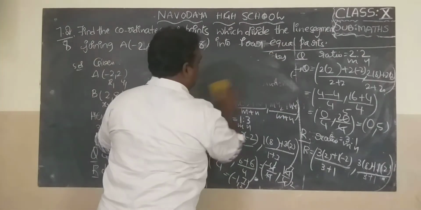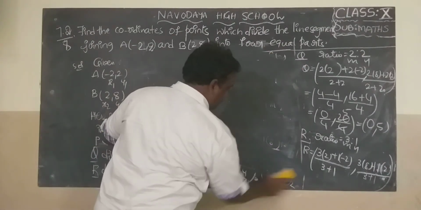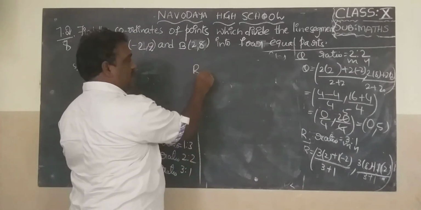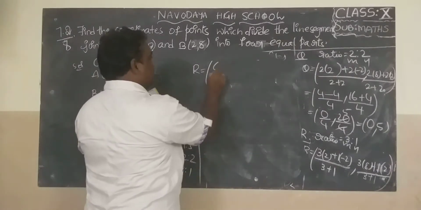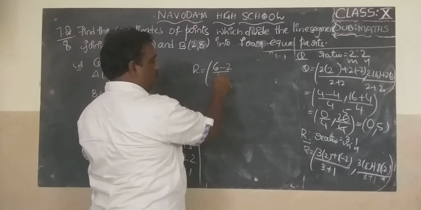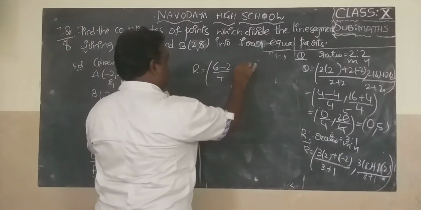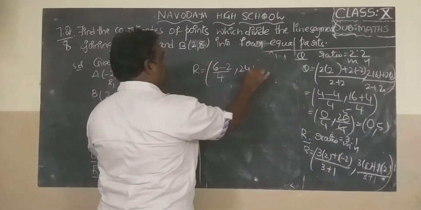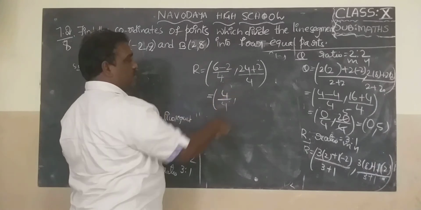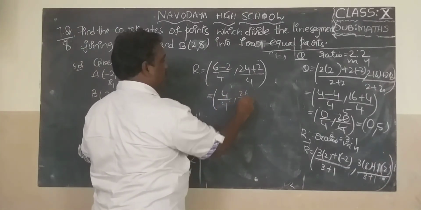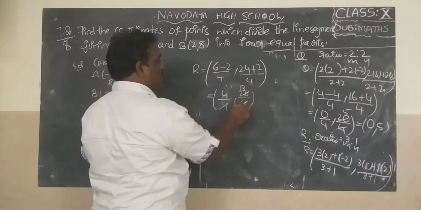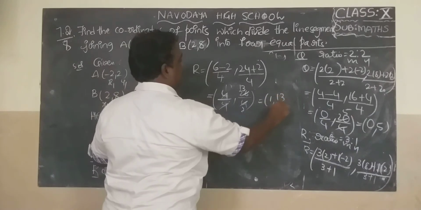Then R equals (3 twos are 6 minus 2) by 4, (3 eights are 24 plus 2) by 4. This is 4 by 4 and this is 26 by 4. 4 by 4 cancels one time, and 26 by 4 is 13 by 2. So (1, 13/2).